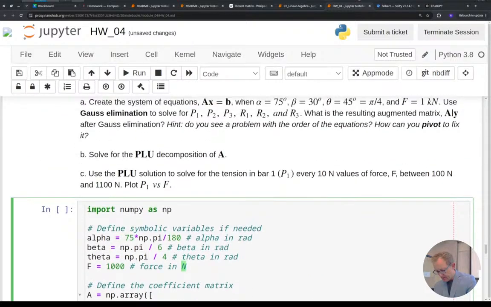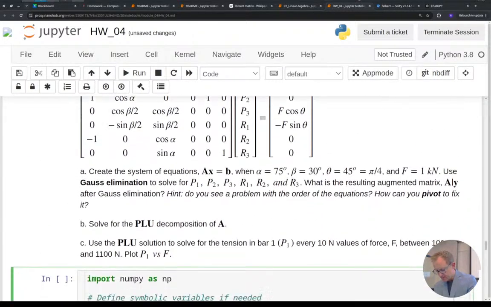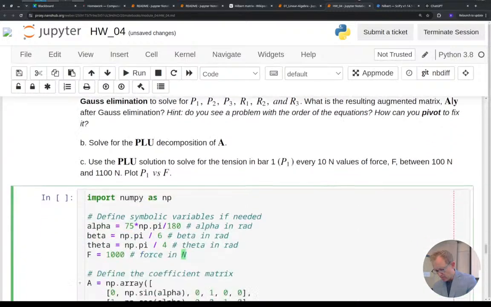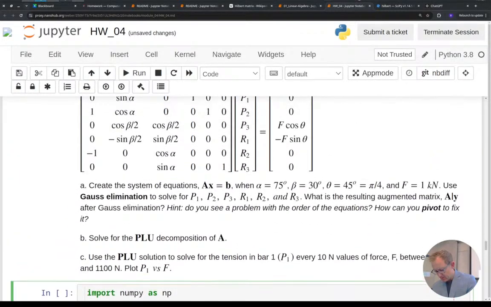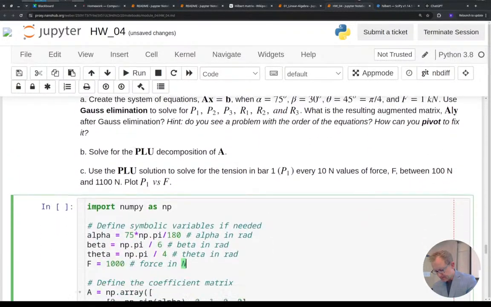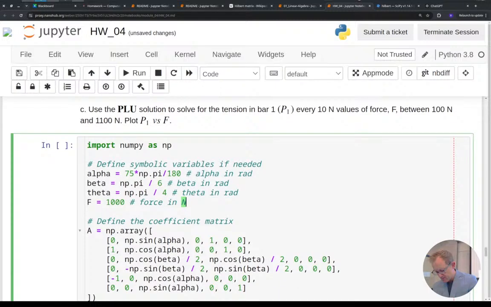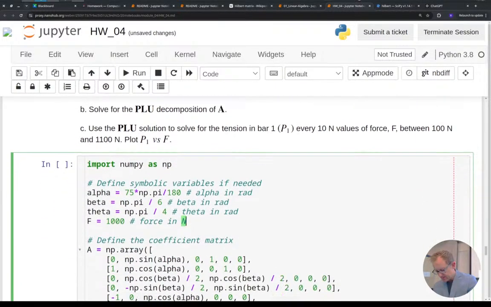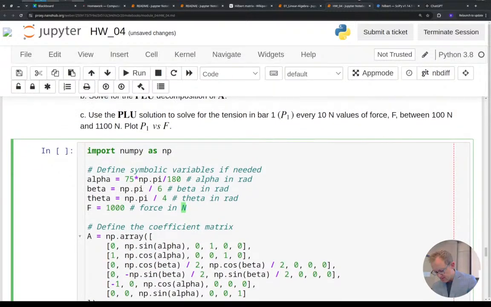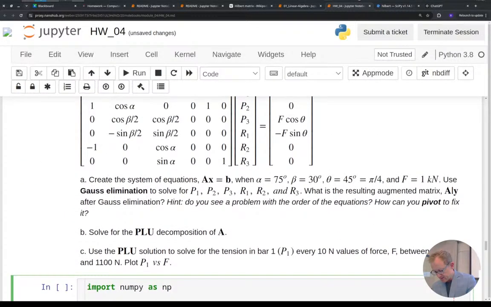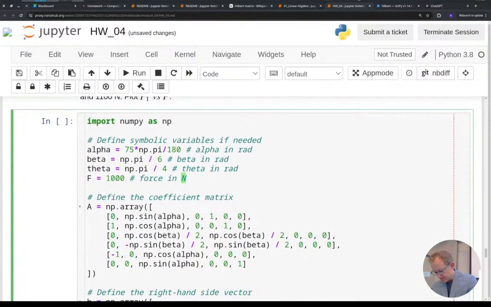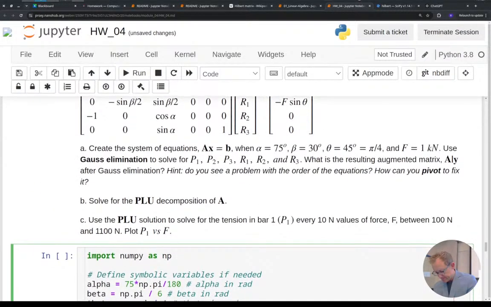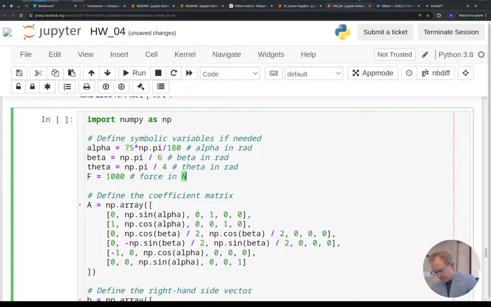And then let's see, 0 sine 0, 1, 1 cosine 0, 0, 1, 0 cosine cosine 0, 0, 0, 0 negative sine, positive sine 0, 0, 0. This looks pretty good. I mean, it copied it over better than I could.